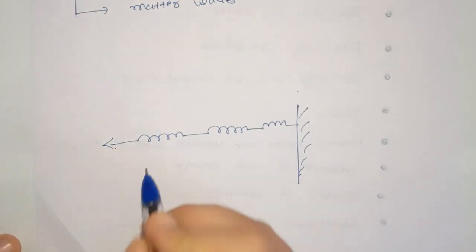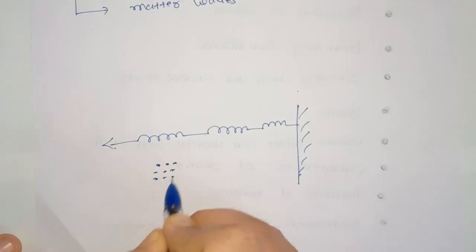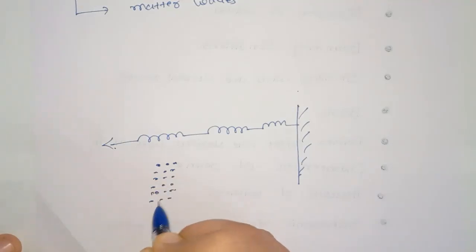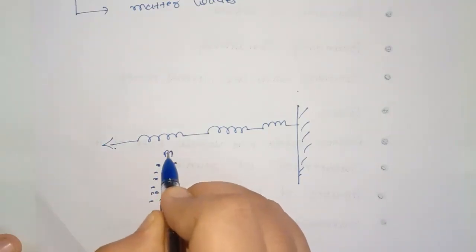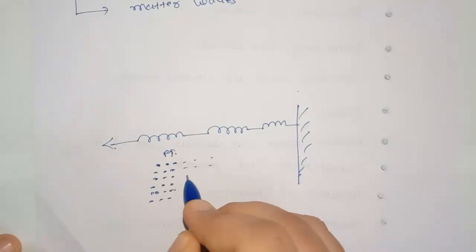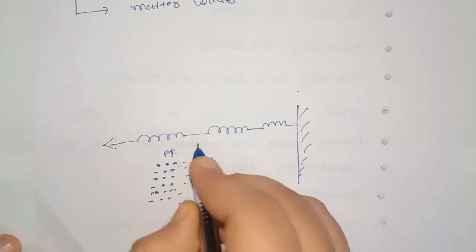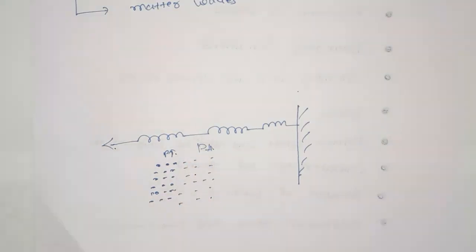So, we can represent it like this, that at a particular point there is compression, the pressure is increased, and due to this in the following region there is a rarefaction and pressure is decreased.